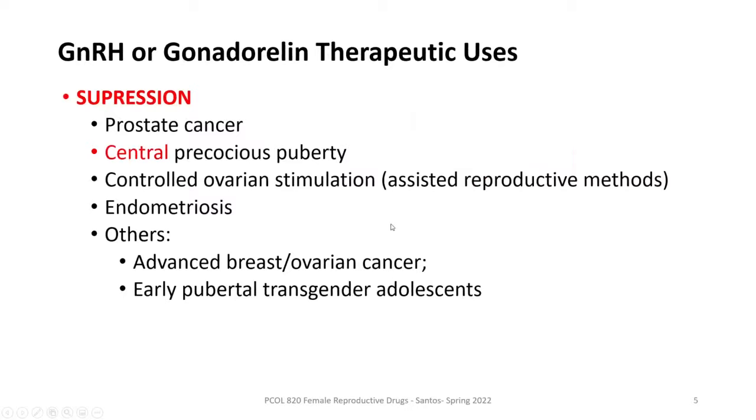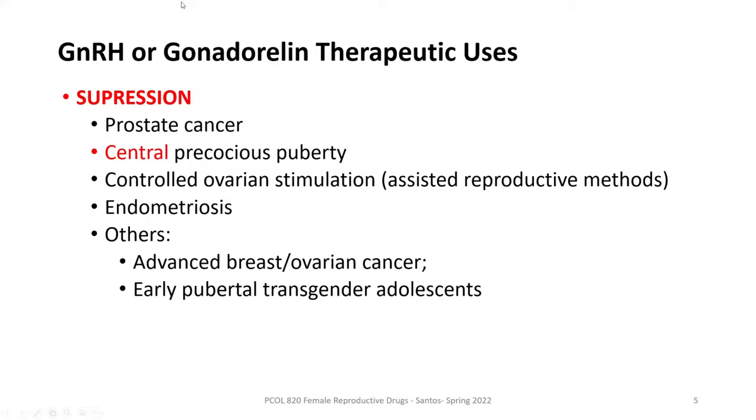So the main use is for suppression, meaning that, as you know, when there is a sustained non-pulsatile administration of gonadorelin, or gonadotropin releasing hormone, there will be a suppression of further release of those hormones. Why? Because what stimulates the release is a pulsatile stimulus, and when you have a continuous non-pulsatile administration, you have an effect of suppression.